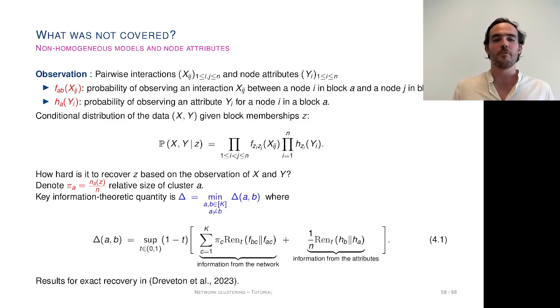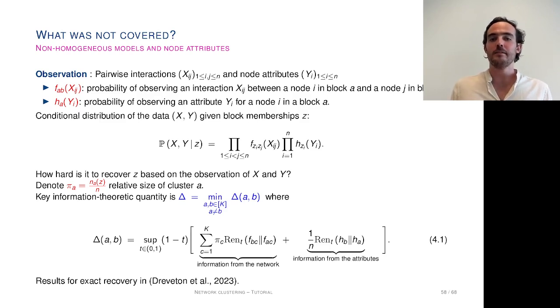The most general model has pairwise interaction xij, and if I have a node in cluster A and a node in cluster B, its interaction is sampled from a probability distribution FAB. That is a non-homogeneous SBM, with a set of FAB telling me how I interact between block A and block B.